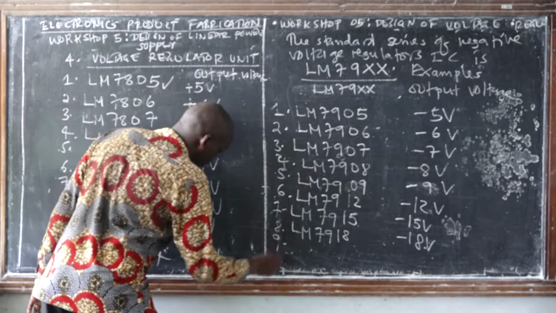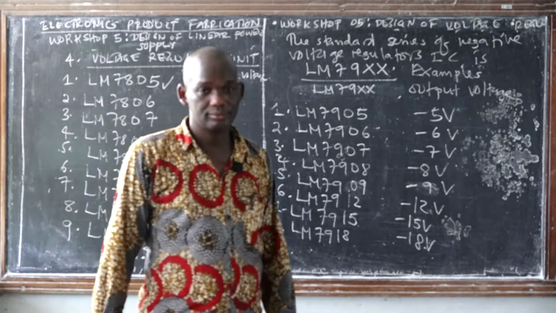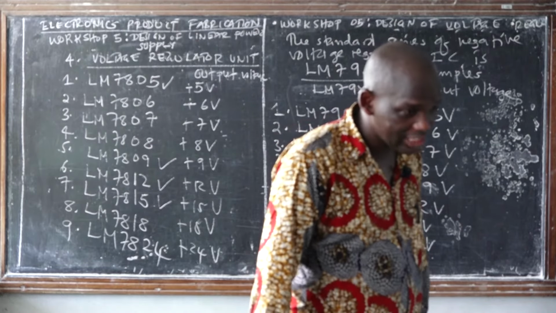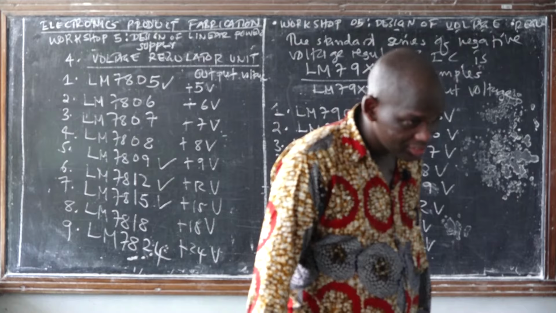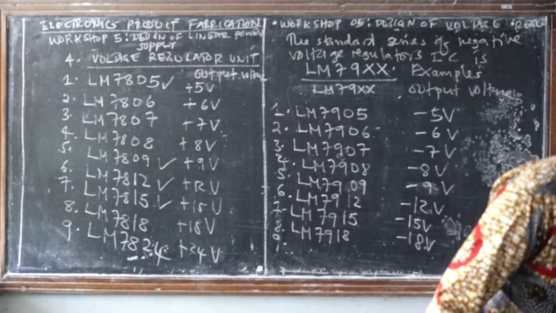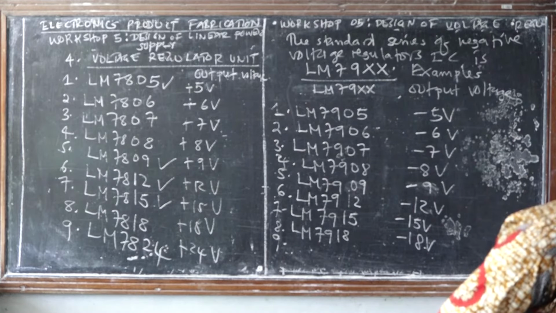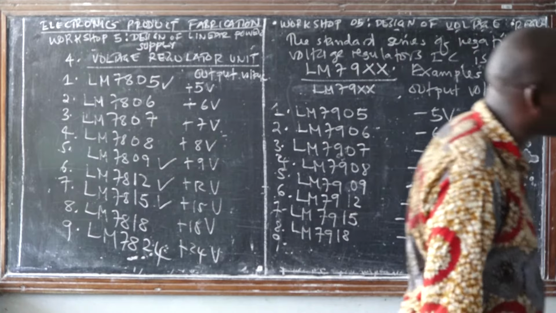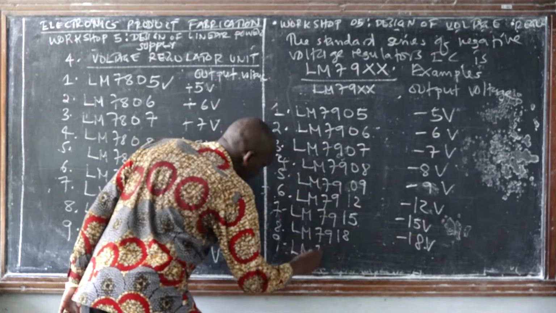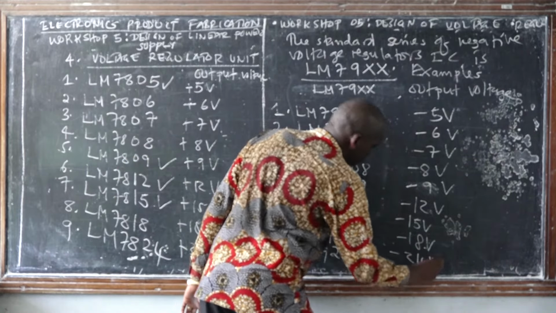She has gone out and is busy outside there. Then Jessica? Next. LM79, 24. Okay. LM7924 provides what? 24 volt.